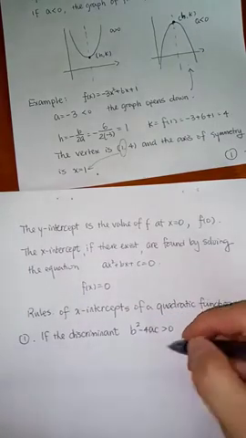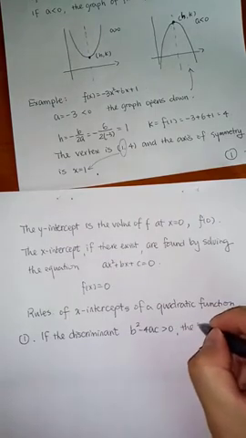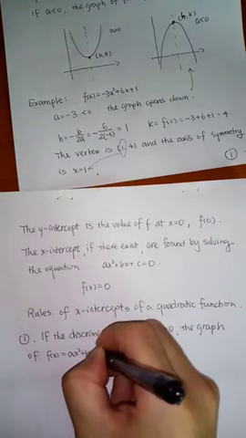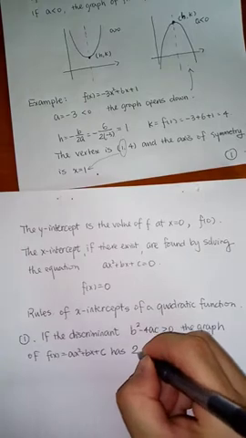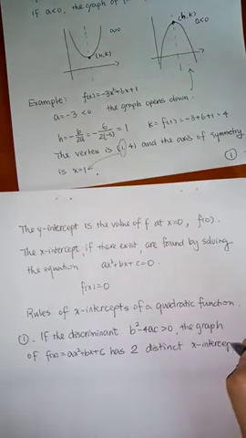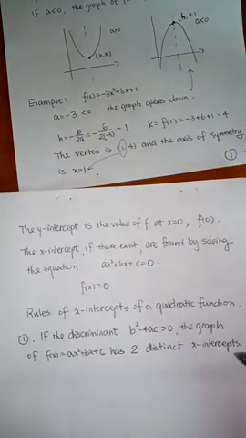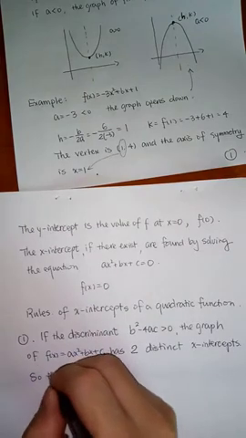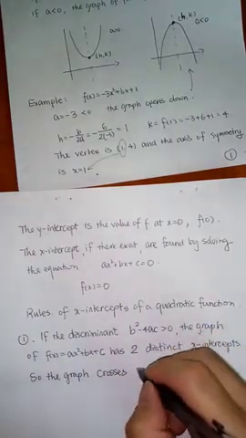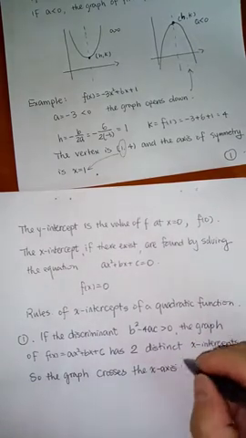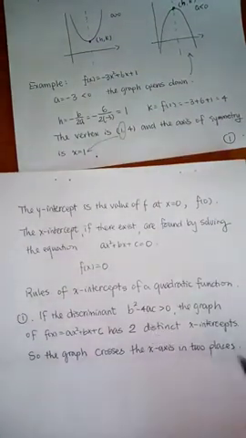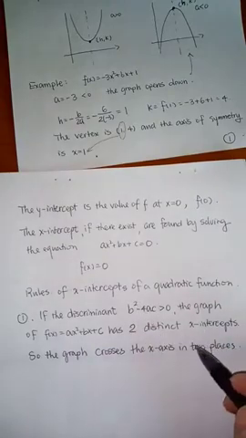If the discriminant is positive, then the graph of f(x) equal to ax squared plus bx plus c has two distinct x-intercepts. So the graph crosses the x-axis in two places.